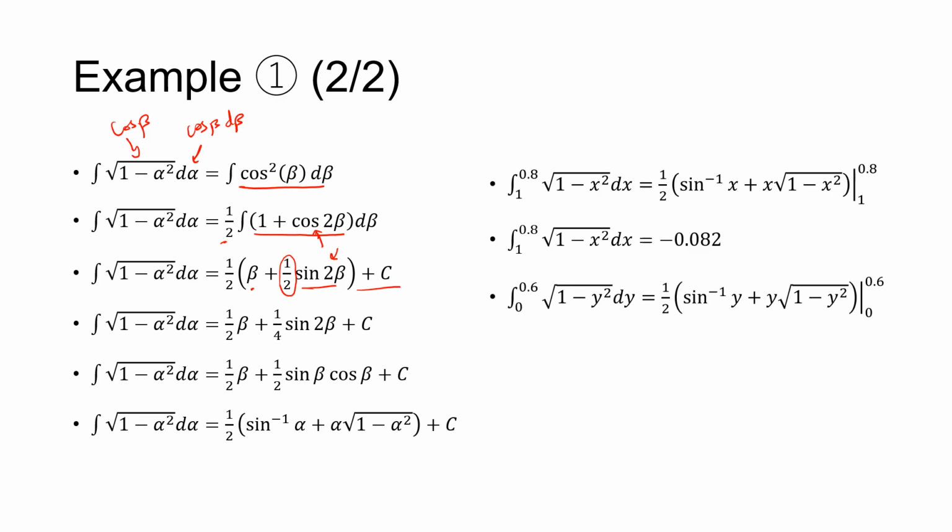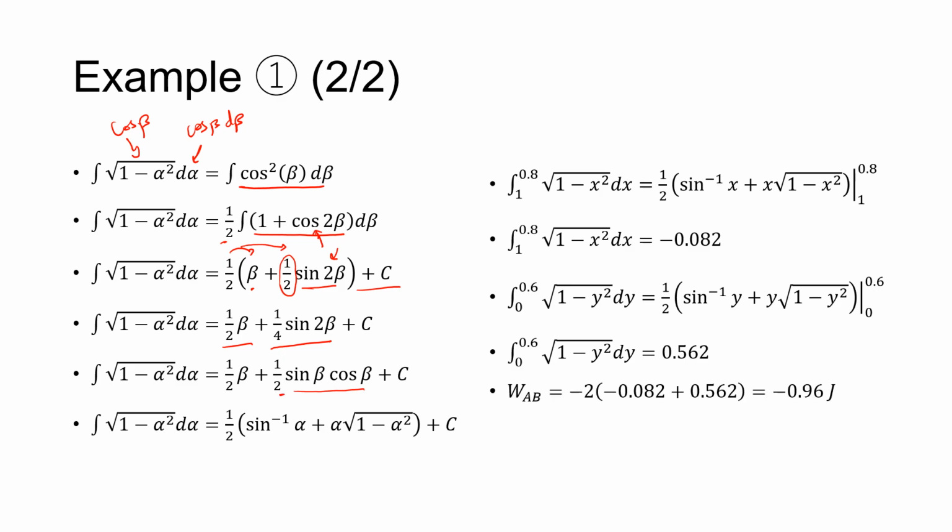Going forward, just insert this half here. You will get half beta plus quarter sine 2 beta plus constant. And finally, you can simplify further like this, because we know that sine 2 beta is just equal to 2 sine beta cosine beta. Then the quarter here will become half. And finally, we return to our alpha.